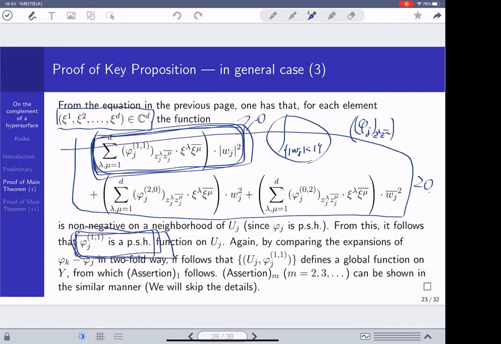And also, I will skip the details, but by comparing the expressions of the difference phi_k minus phi_j, as we did in the previous pages, in a twofold way, it easily follows that phi_j11 also defines a global function on Y, and it is pre-subharmonic, and Y is compact. So phi_j11 is constant. Now we finished showing assertion 1. We will skip the details, but assertion m follows similar arguments.